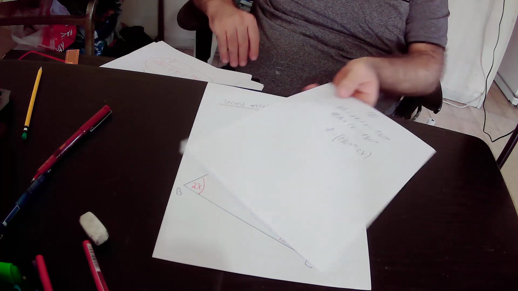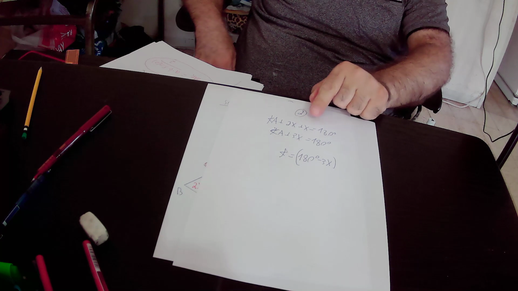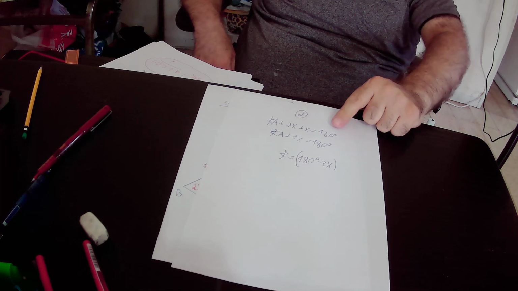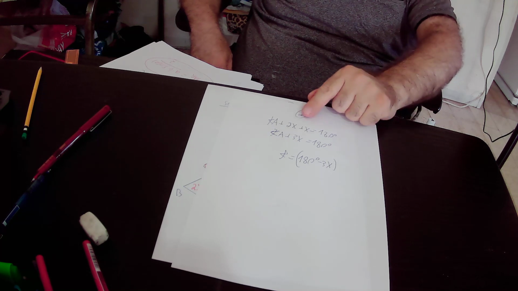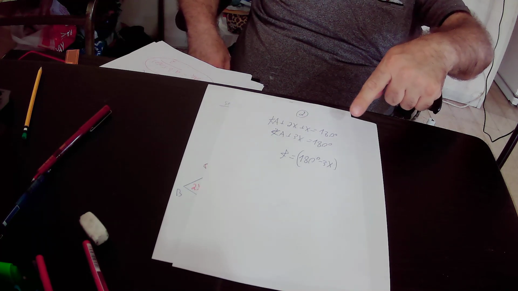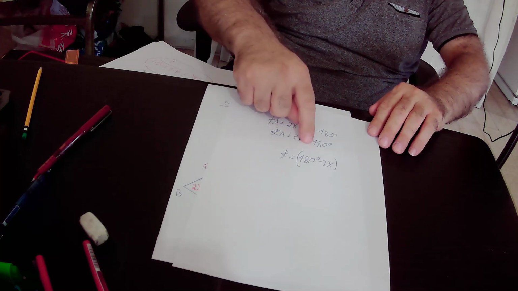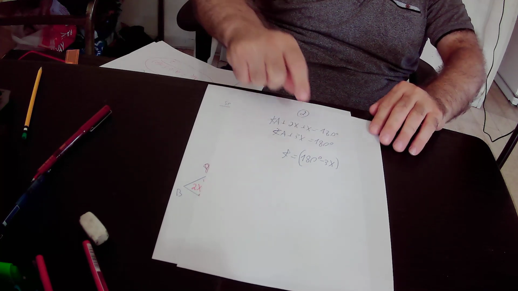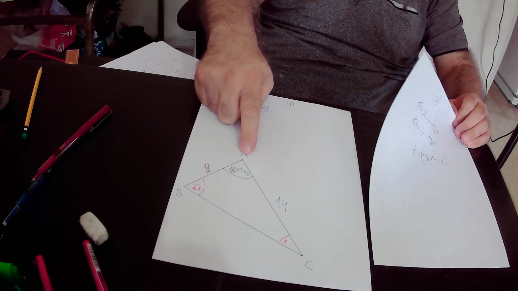So angle A plus angle B, that is 2x, plus angle C, that is x, will be equal to 180 degrees. So 2x plus x is 3x, and the value of angle A is 180 degrees minus 3x.